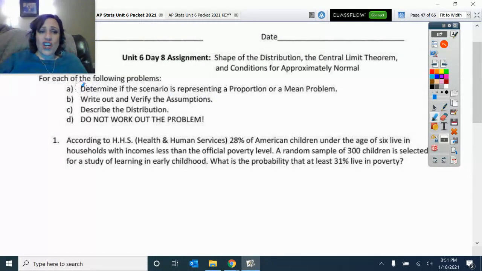So that's part of describing this distribution. That verification of the assumptions is really the shape part of our SOCS. Do not work out the problem. I think all of these problems you have already worked out in prior assignments or notes. So none of them should be new. But now we're just going back and verifying the assumptions and describing the distribution, now that we know that part.